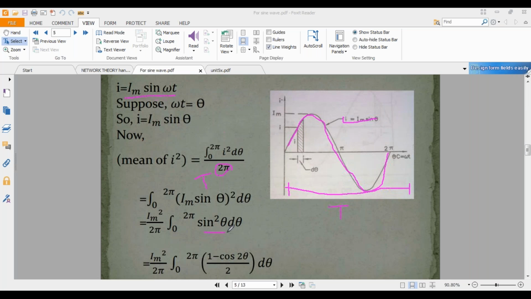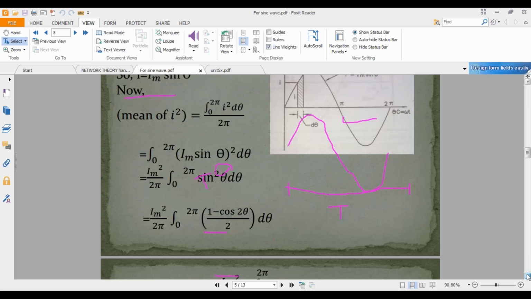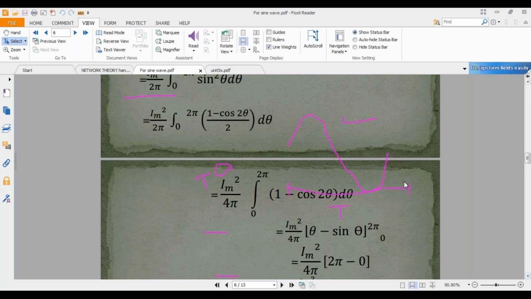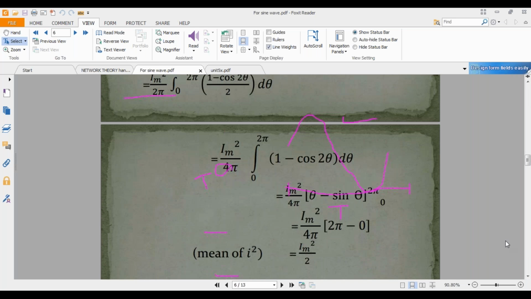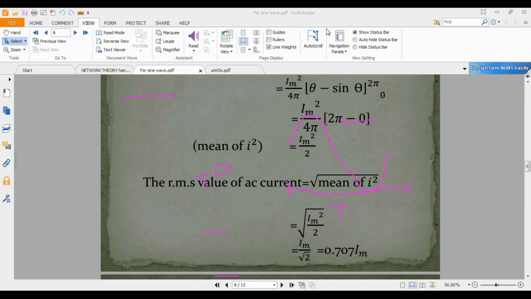Sin square theta can be written as (1 minus cos 2 theta) by 2 from mathematics. Simplifying this equation and substituting the limits 0 to 2 pi, you get the RMS value of this sine waveform as Im by root 2, which is equal to 0.707 times Im.